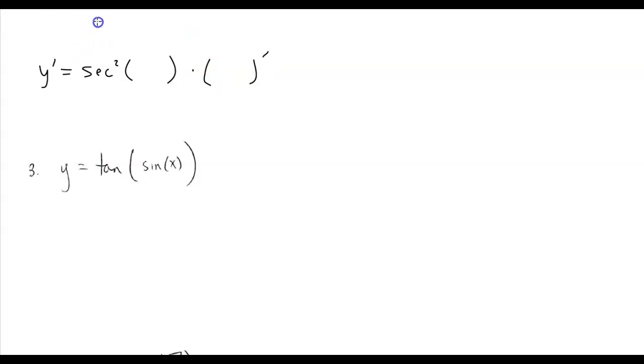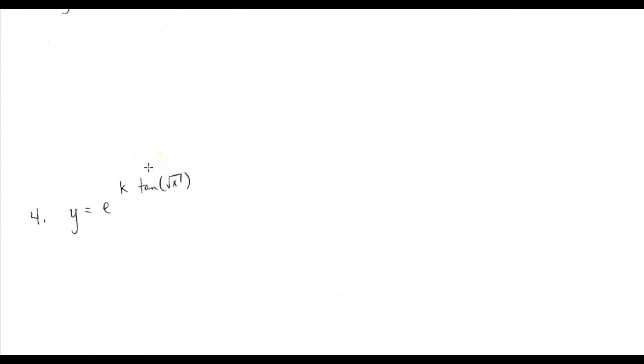And again, the inside function here is just sine of x. So this will just end up being secant squared of sine of x times cosine of x. And this would be our answer for that particular derivative for this function.